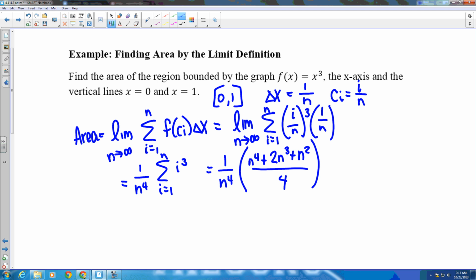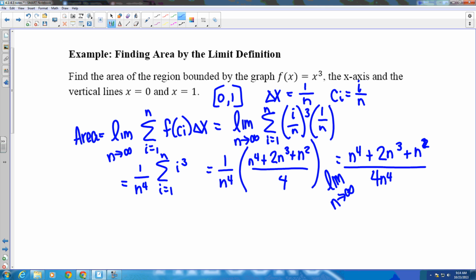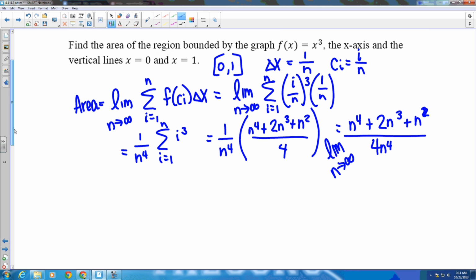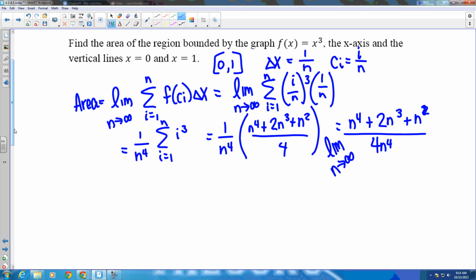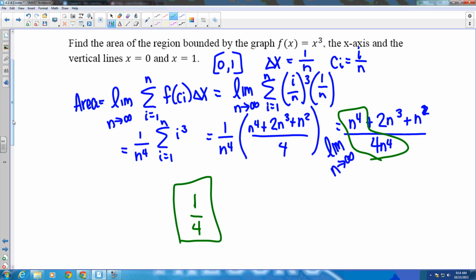And now we can distribute that in. So pretty much the only thing that we're doing now is putting the n to the 4th on the bottom. That's a 2 over 4n to the 4th. If we were to take the limit of this as n approaches infinity, we're only looking at the greatest exponent. The greatest exponent is 4 on the top and the bottom, so our limit is 1/4. That's the approximation of our area.